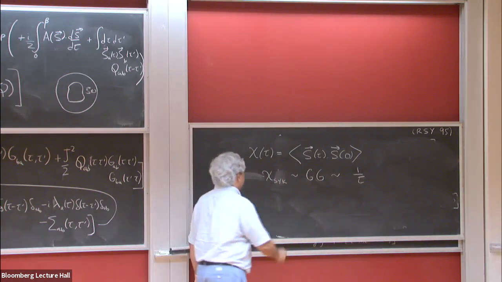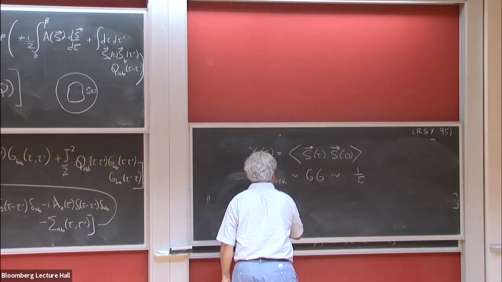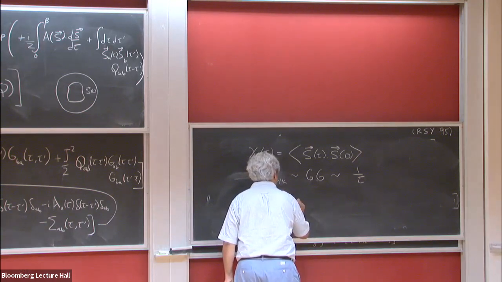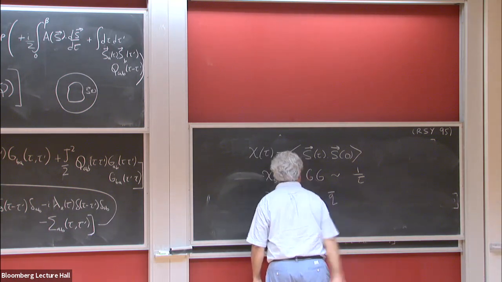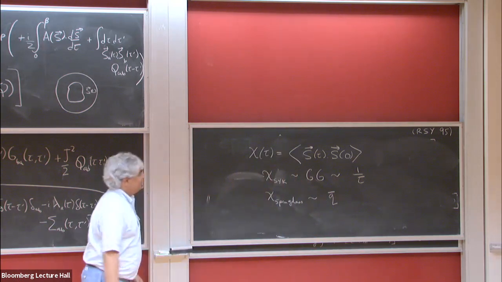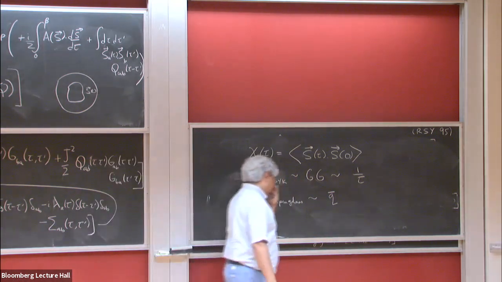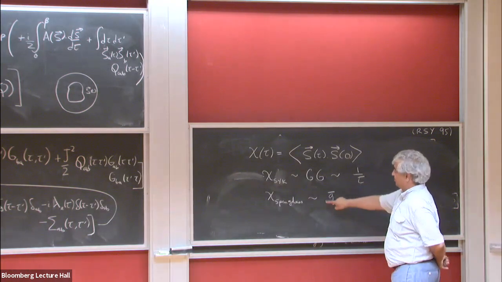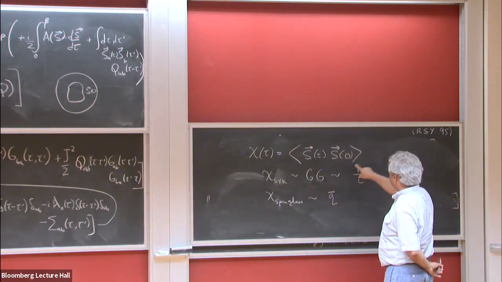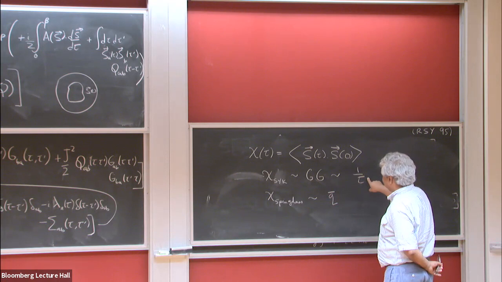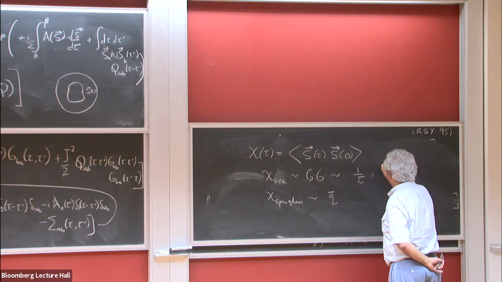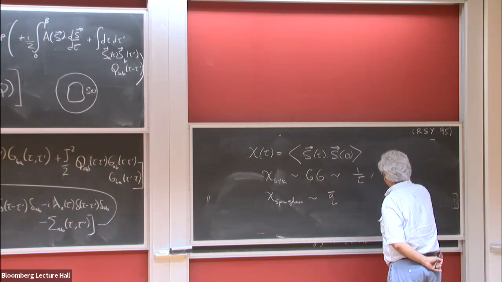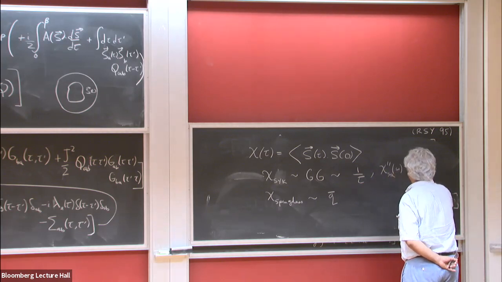And then chi spin glass, we know this goes to a constant Q bar as tau goes to infinity. And so we would expect that if the spin glass order was small, there was some frequency range where this was true. So let me also write this in frequency space. If I look at the chi double prime of omega, SYK, at small frequencies, that goes as sign of omega.